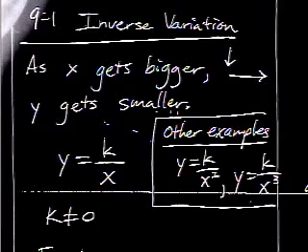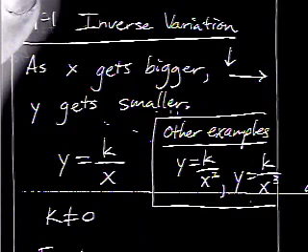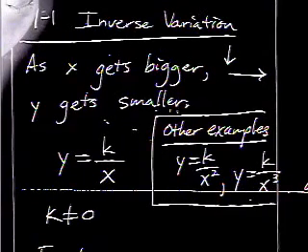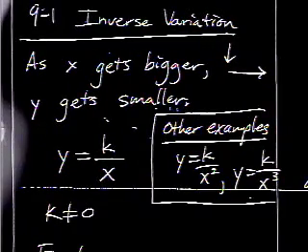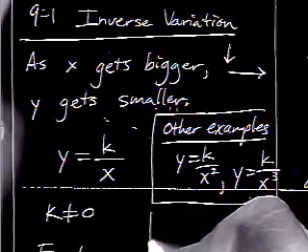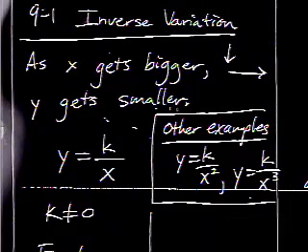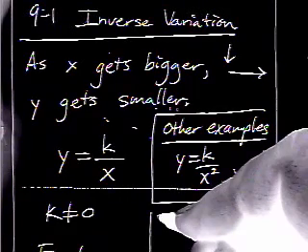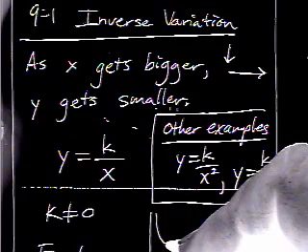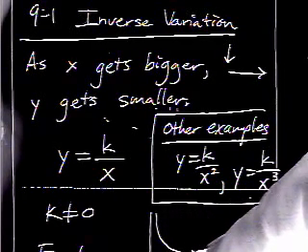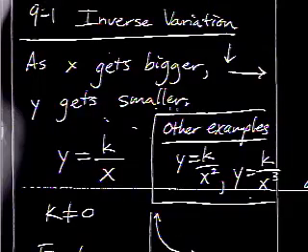Obviously, k cannot be 0, otherwise we would be talking about a horizontal line again, and we're not going to be dealing with something like that in an inverse variation. And you'll notice the graph, specifically only in quadrant 1, as the x values get bigger, the y values get smaller, you're going to get a curved shape like this.